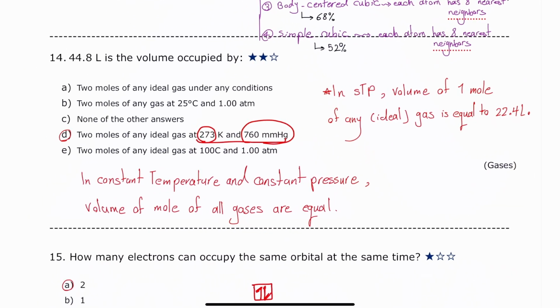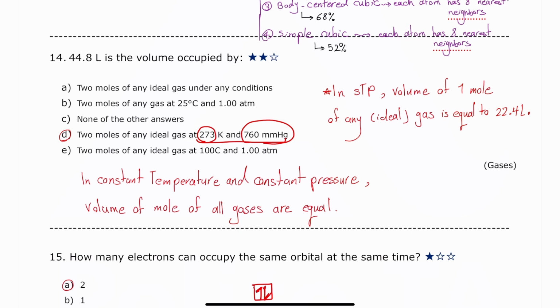Okay, the next question has a very important point in it, which, by understanding it, helps you understand this whole stoichiometry of gases. So I'm just going to explain it in a very nice way.